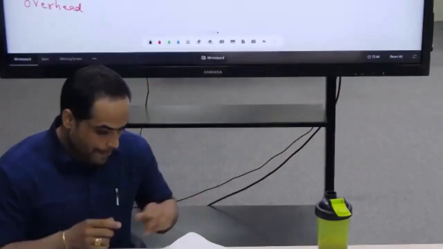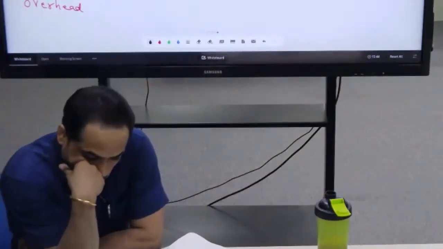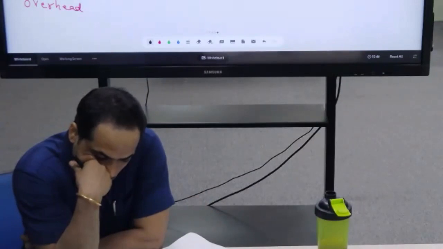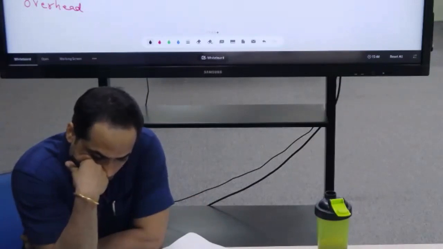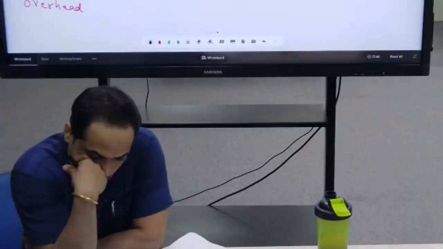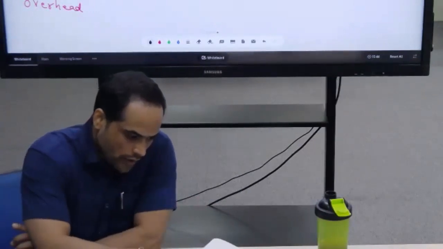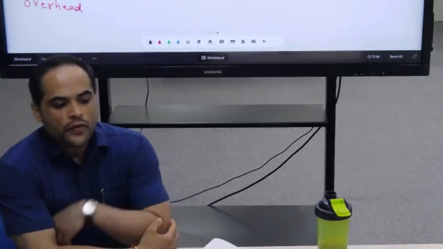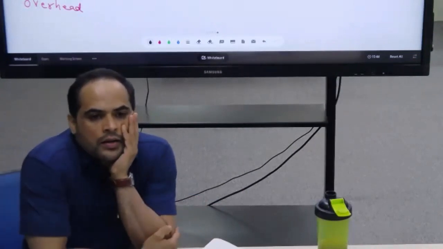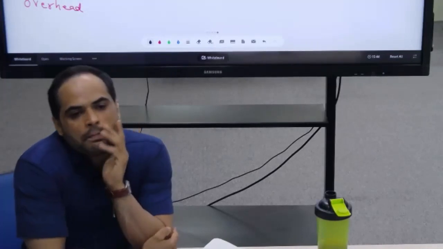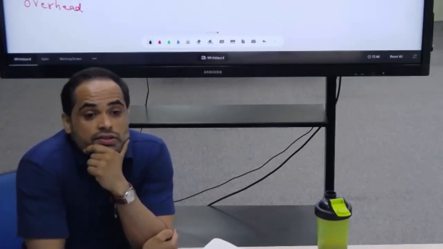Okay, you know that factory overheads is a part of total cost.